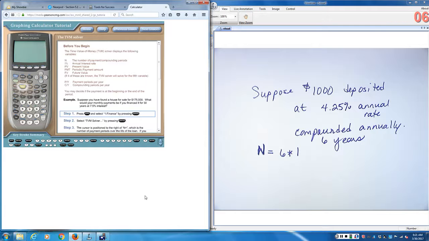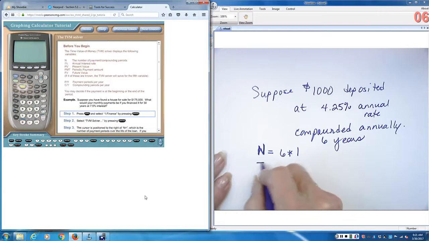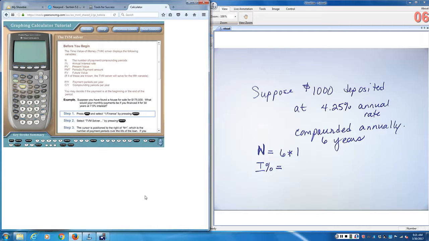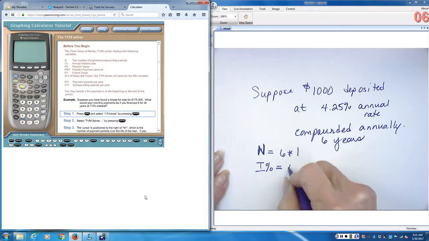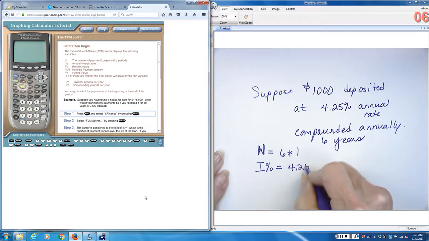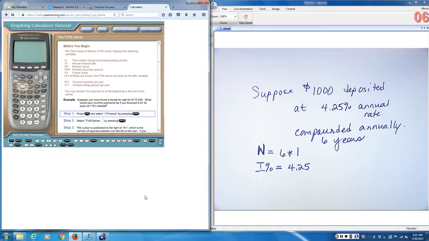And then the I%, the I% is the annual interest rate. So that's going to be 4.25%. And you do not change it to a decimal. That's the one thing to be cautious about. You do not change it to a decimal. You leave it as a percentage.